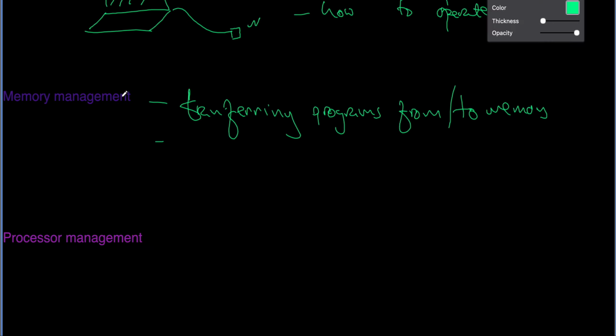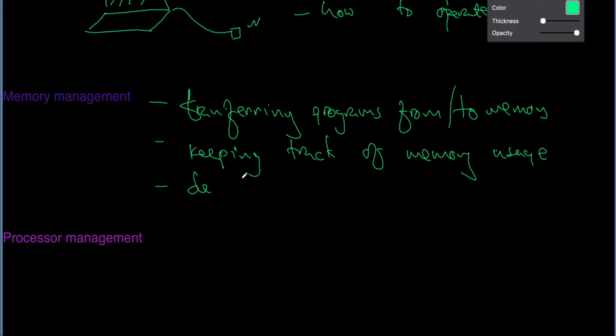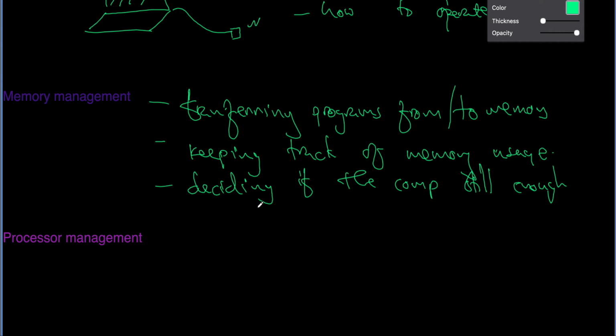Memory management is also keeping track of the memory usage, right? That's another function of the operating system as far as memory management is concerned. It decides whether the computer still has enough memory or not.